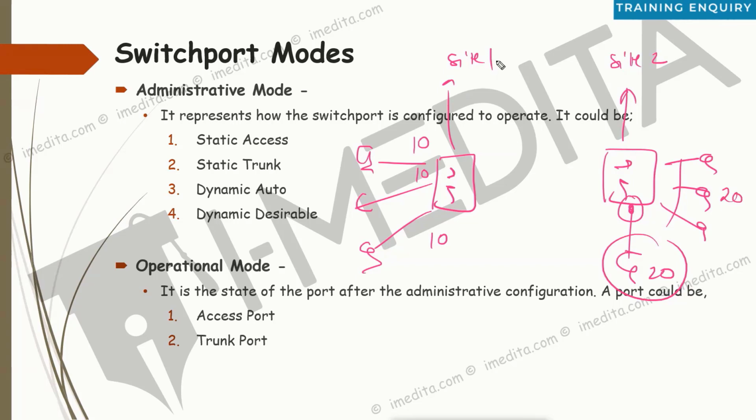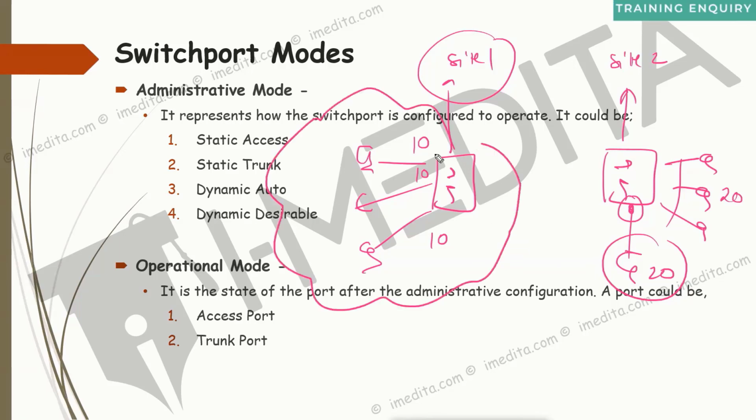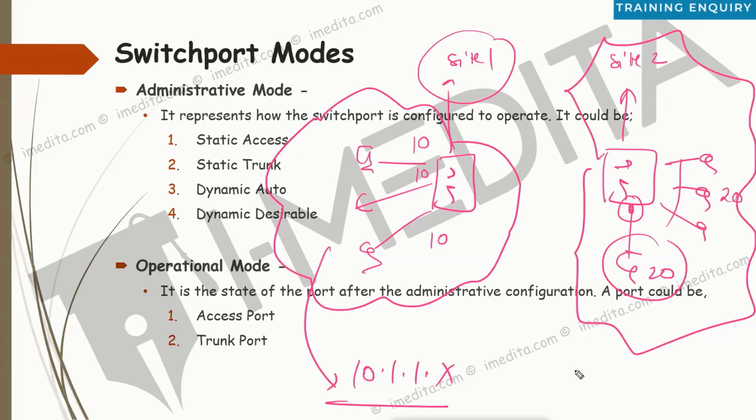And the users in VLAN 10 want to access the servers, let's say, in VLAN 20. You can say that we can go ahead with the concept of inter-VLAN routing, completely fine. But the users in VLAN 10 have this subnet, and users in VLAN 20 on the second site also have the same subnet.